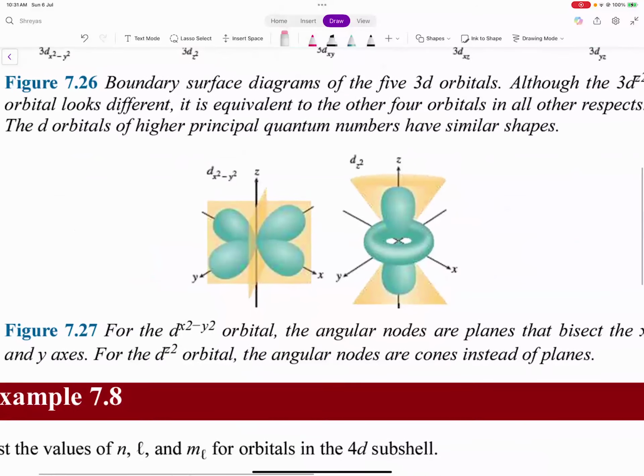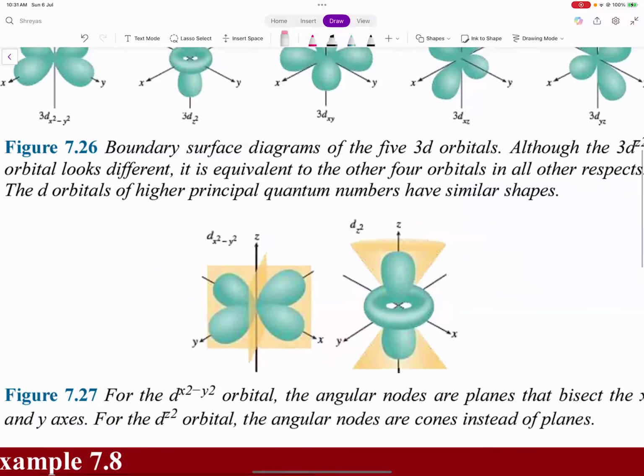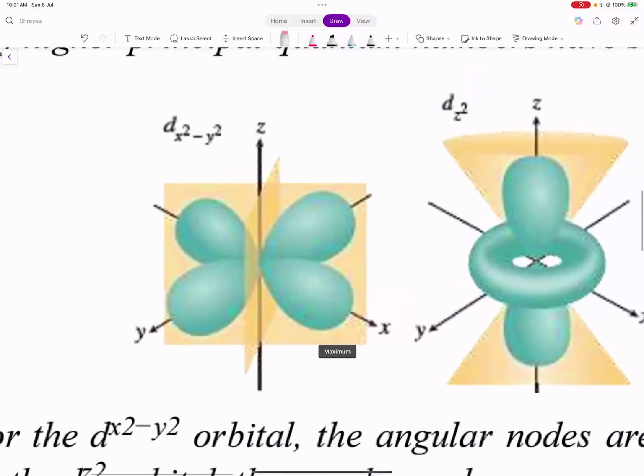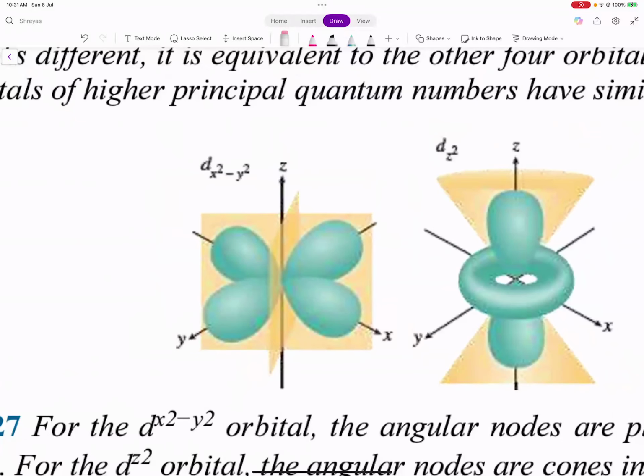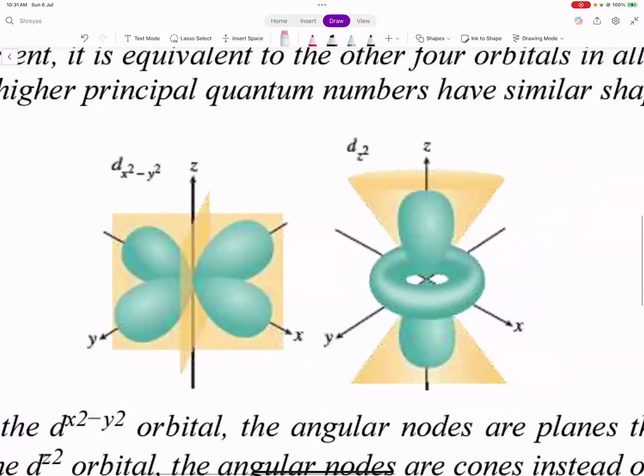Now for a d orbital, we said that there will be two angular nodes. You see that these two planes, we're just splitting these. You can imagine this is a fruit and you are splitting it in half. dz square is more fancy.